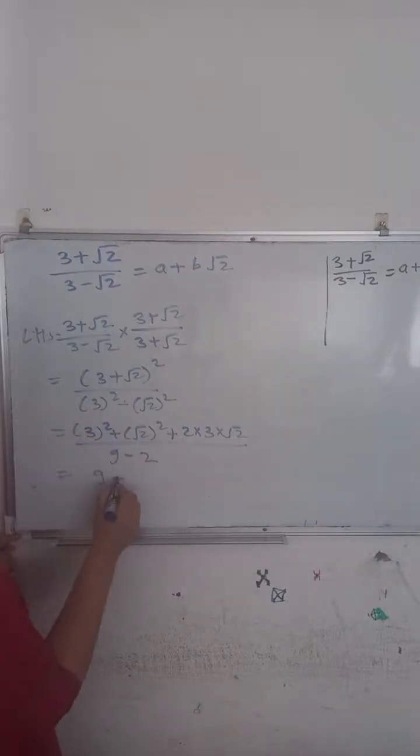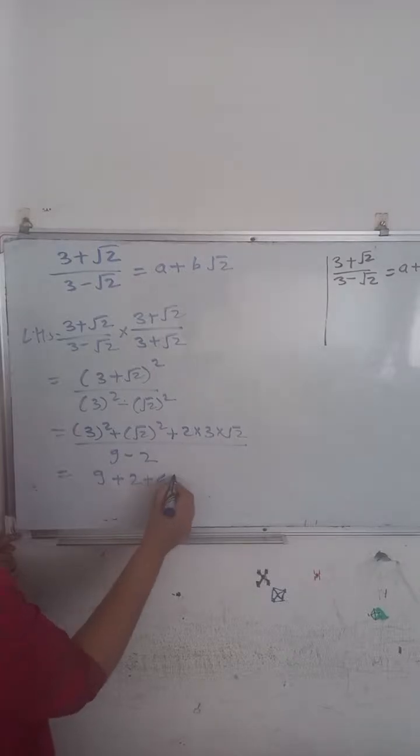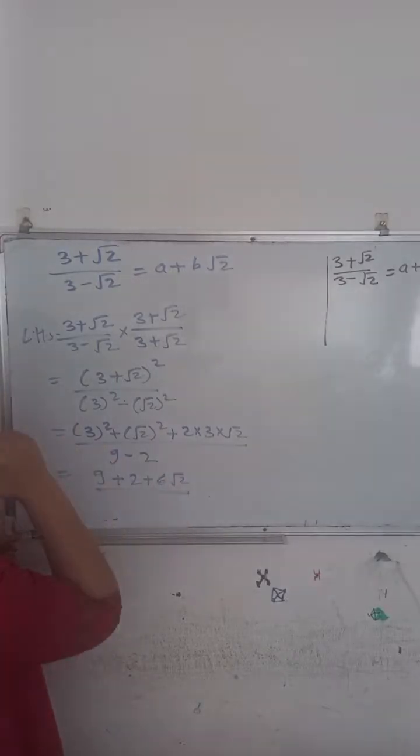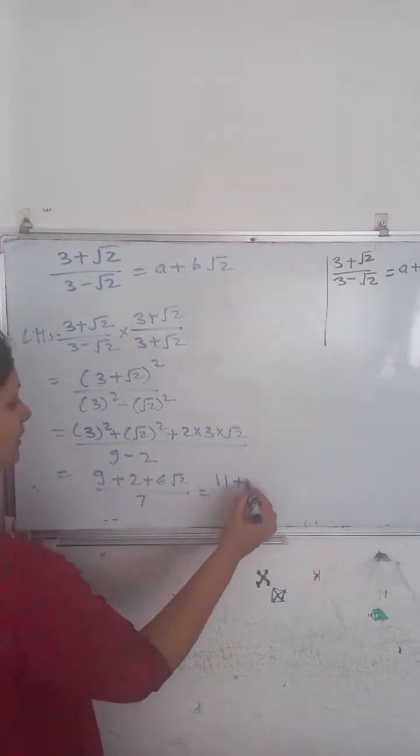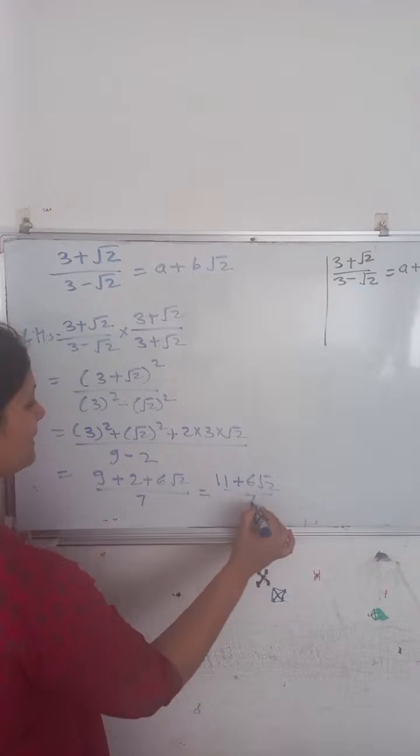Okay, so 3 square is 9 plus 2 plus 6 root 2 divided by 9 minus 2 is nothing but 7. Okay, 9 plus 2 is 11 plus 6 root 2 divided by 7.